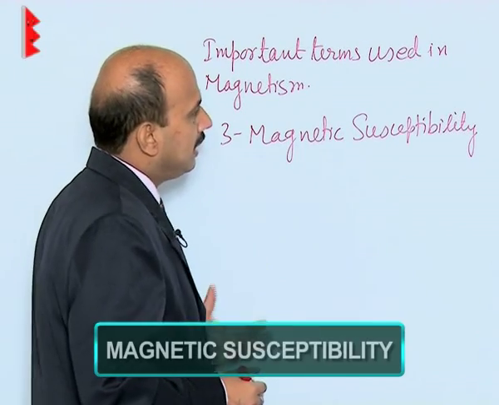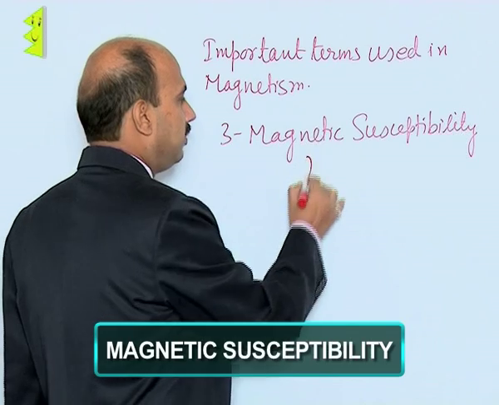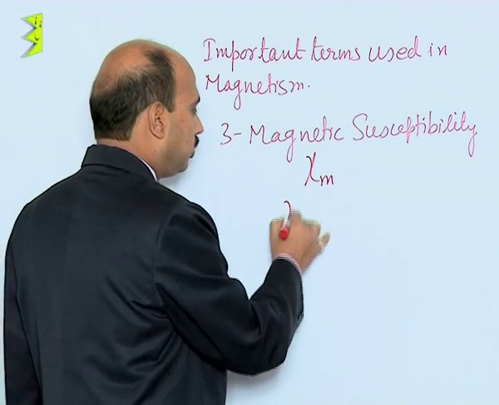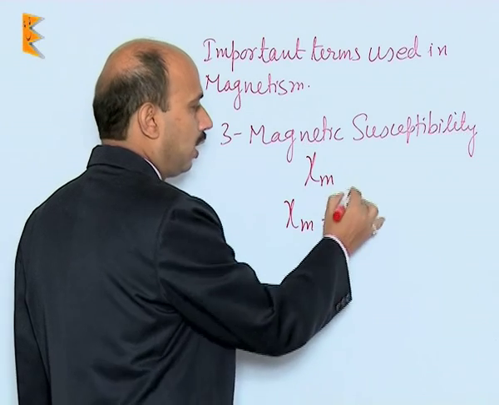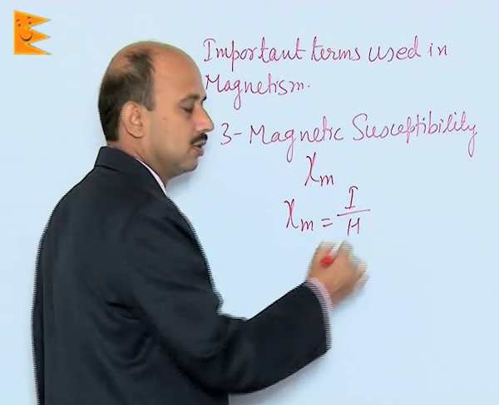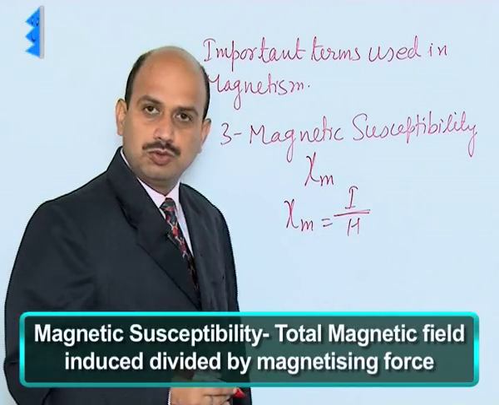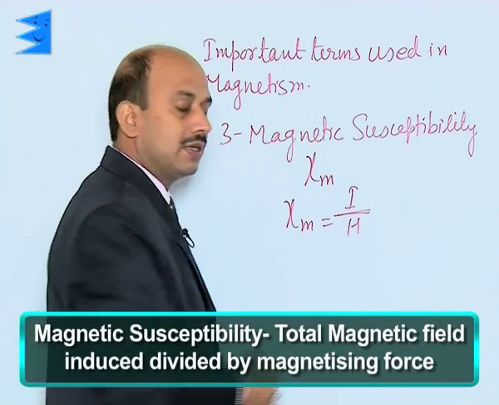Now see magnetic susceptibility, which is represented by χm. χm = I upon H, that is the total magnetic field induced divided by magnetizing force.